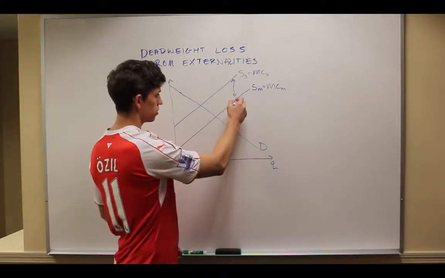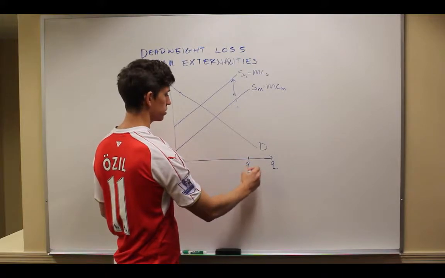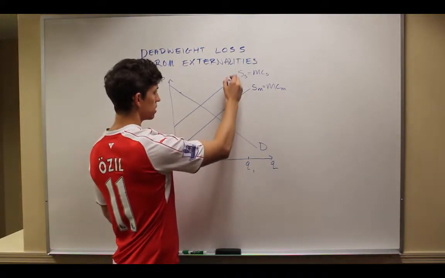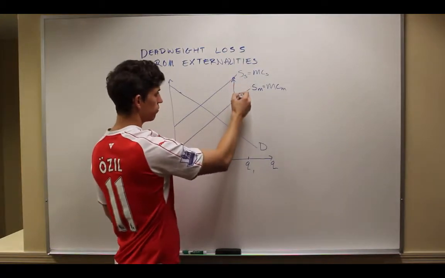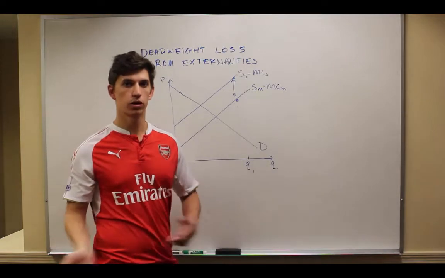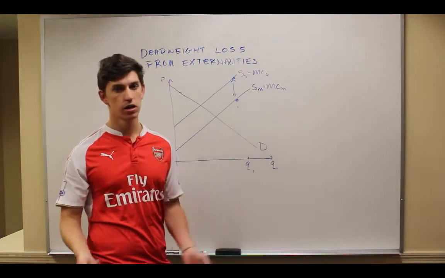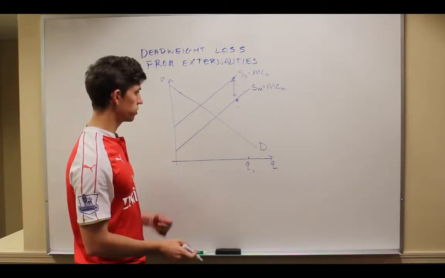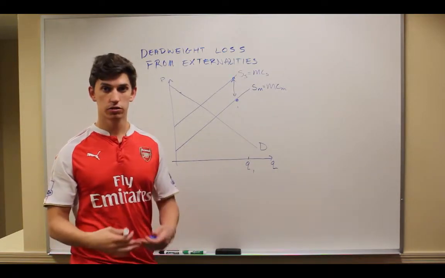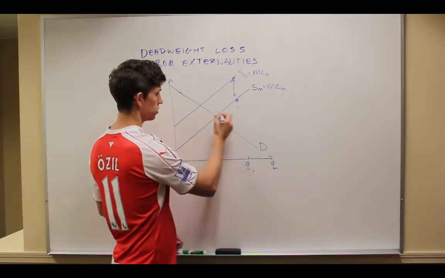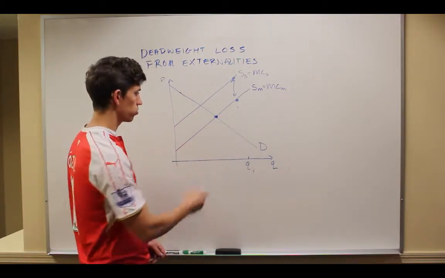So if I produce, say, Q1 units, the firm pays this much, but society pays this much. And this difference is how much it costs society every time they put some of these toxins into the atmosphere or the environment associated with producing this good. So if we just let the markets go on their own, they will reach this equilibrium here.